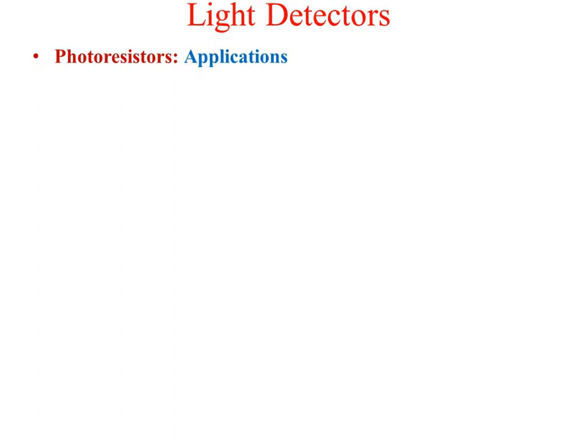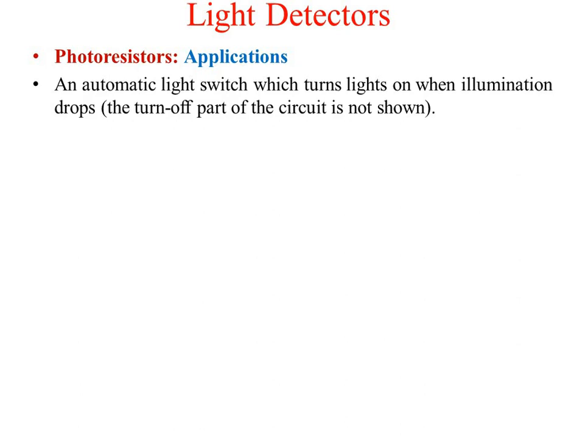Now these are the applications of photoresistors. You can use it for an automatic light switch, which will turn on when the illumination drops. The best example is automatic lights that will be turned on in the dark. That means in the evening, you have to set that voltage threshold.